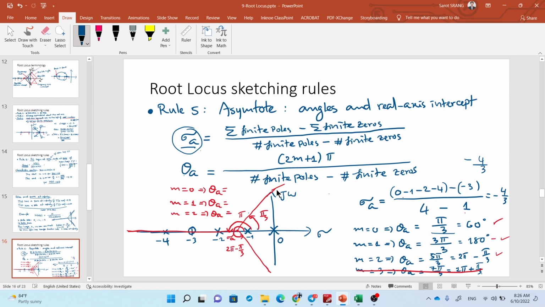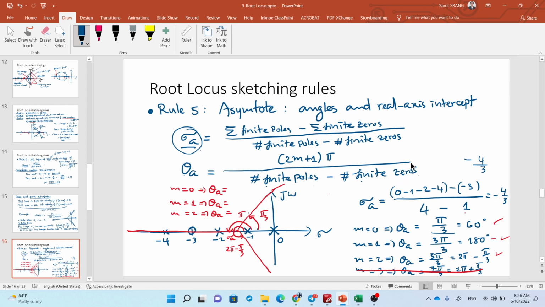So the number of asymptotes is the difference between the degree of the denominator and the degree of the numerator. The degree of the denominator equals the number of poles, and the degree of the numerator is the same as the number of zeros.